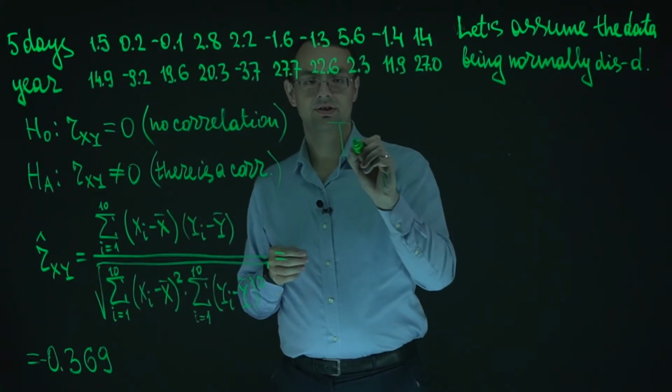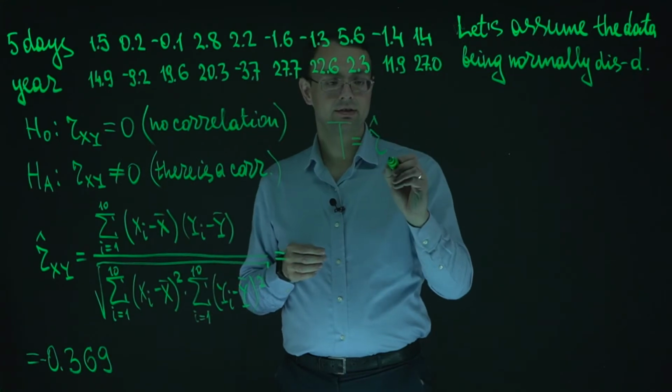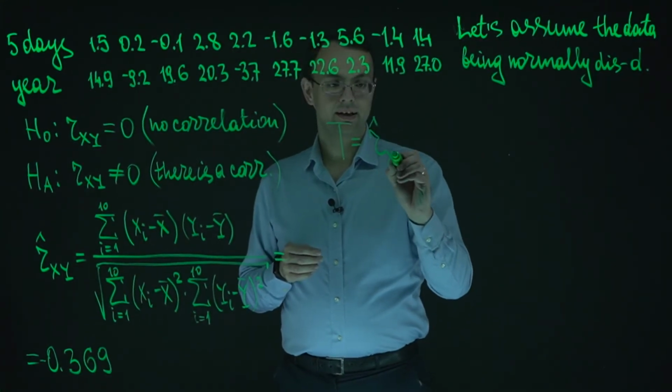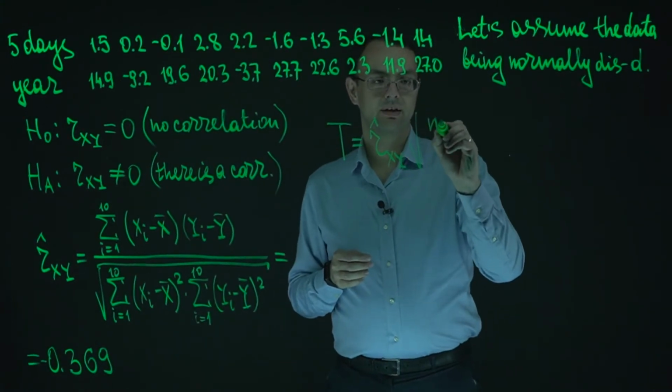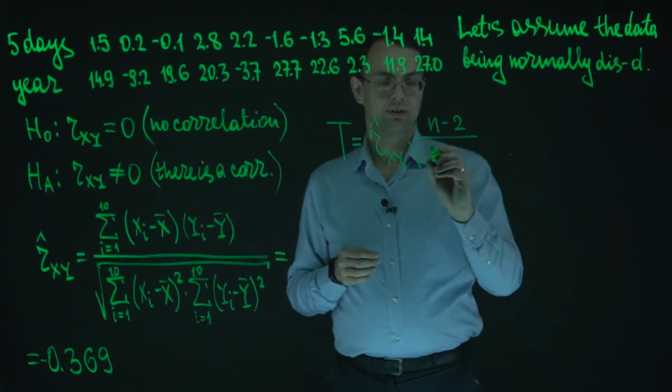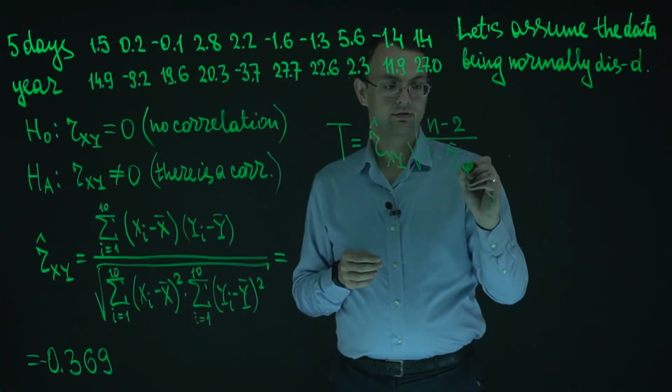The test statistic equals r hat times the square root of n minus 2, divided by the square root of 1 minus r hat squared.